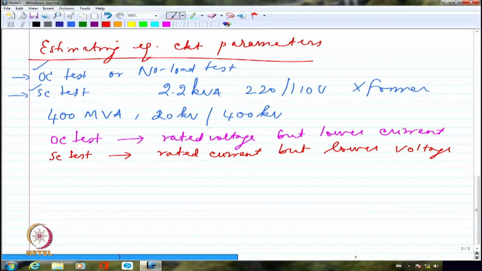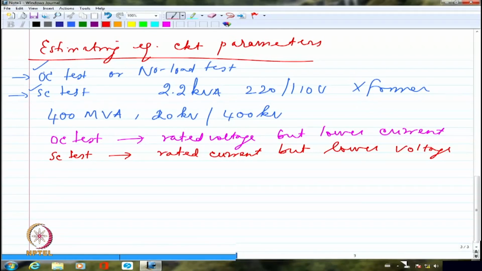Similarly, if we pass 20 ampere on the secondary side or 10 ampere from the primary side, I call it the transformer being subjected to rated current. That's what we do during the short circuit test and open circuit test respectively.